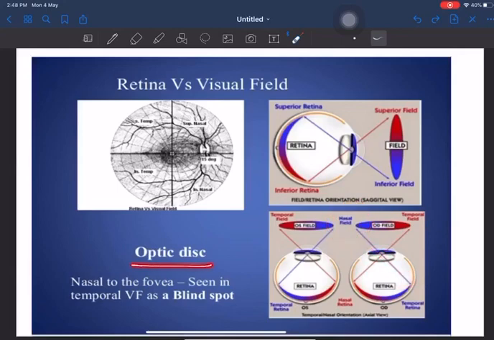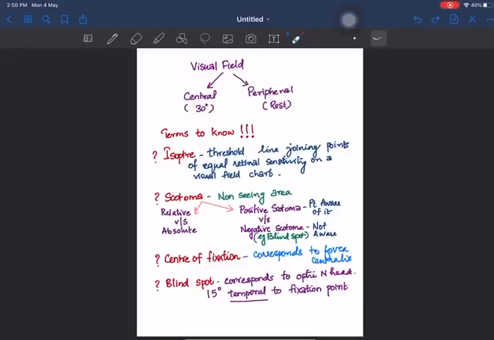The optic disc in the retina is nasal to the fovea. So in our visual field, it will be seen as a blind spot on the temporal aspect of the visual field. Our visual field can be classified into central 30 degrees and peripheral field.